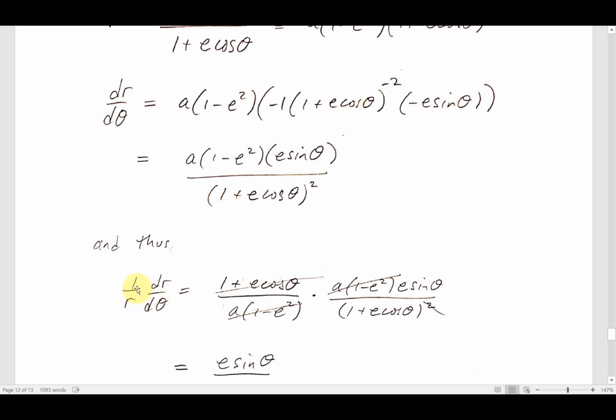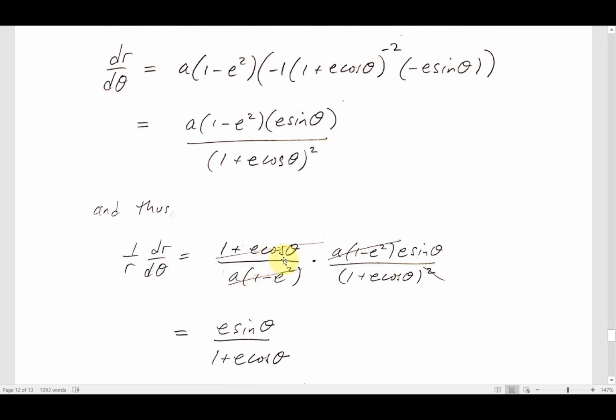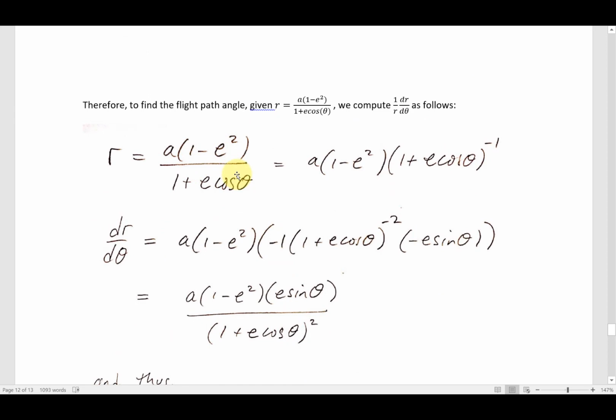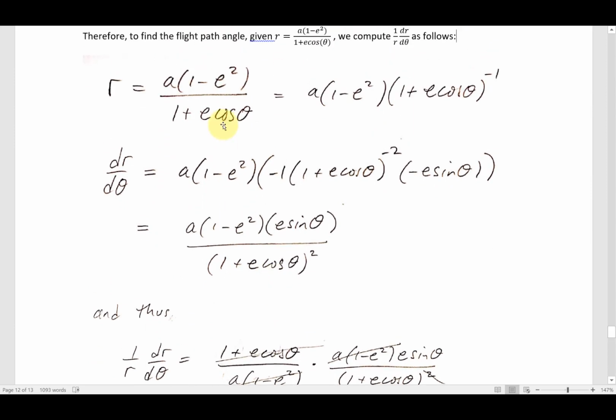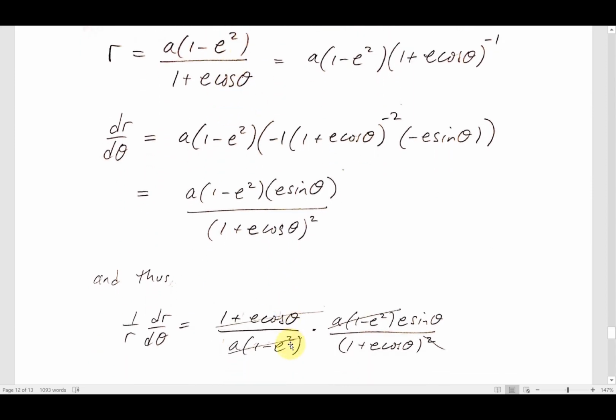And so if you want to do 1 over r dr d theta, this is the reciprocal of r, right? R was this expression. Since I have 1 over r, I'm just flipping it. The 1 plus e cos theta goes on top, and the a times 1 minus e squared goes on the bottom.